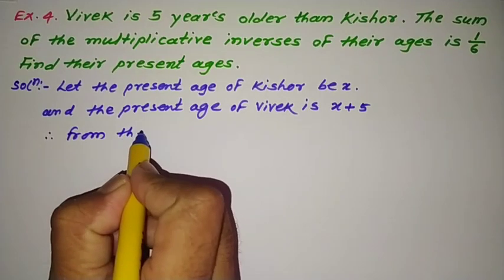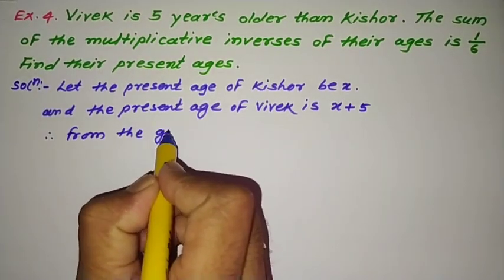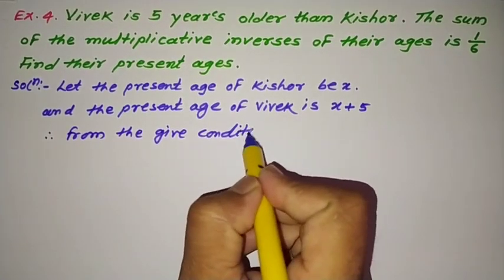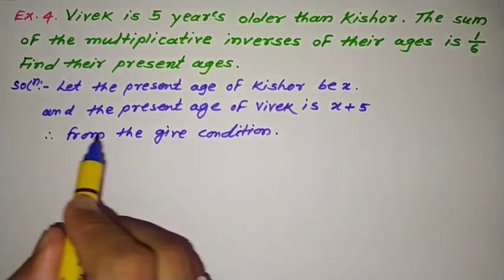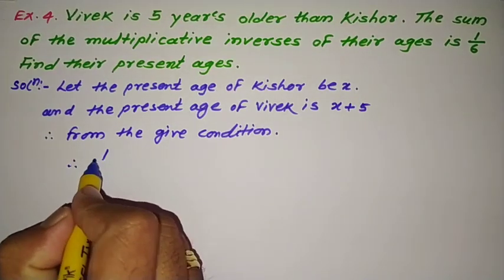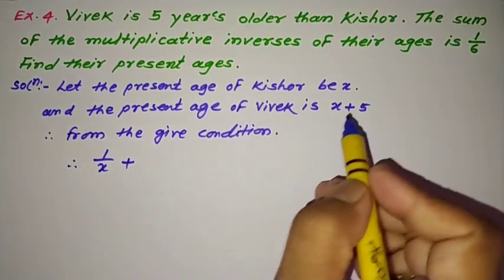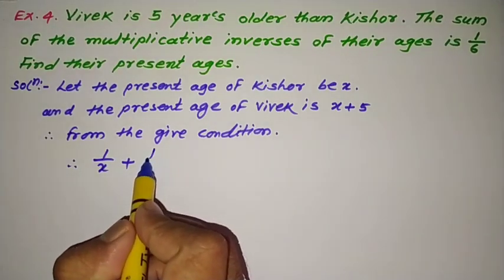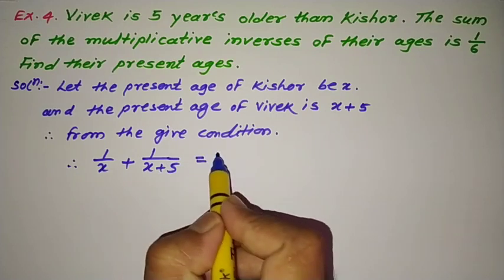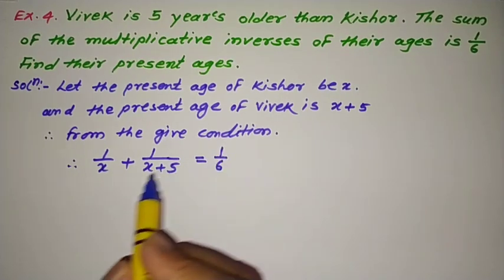From the given condition, the multiplicative inverse of x is 1/x plus 1/x plus 5 is equal to 1/6.